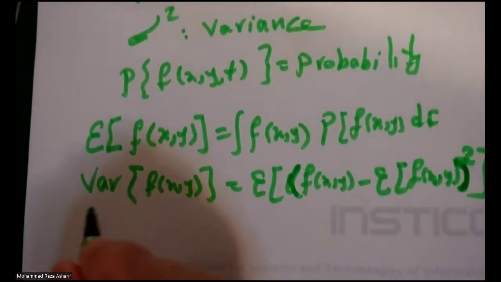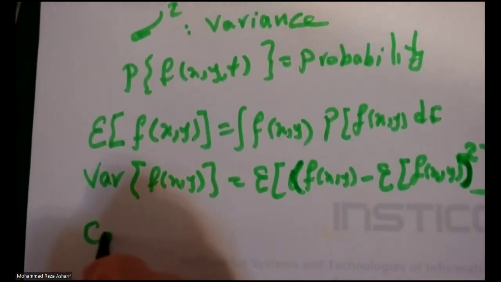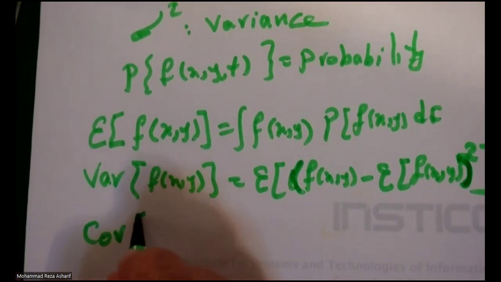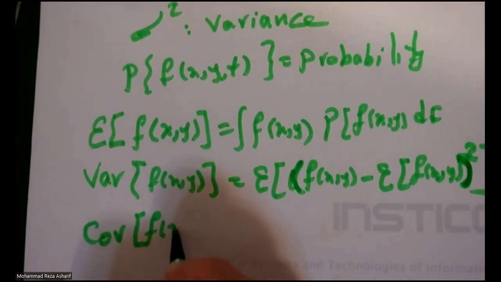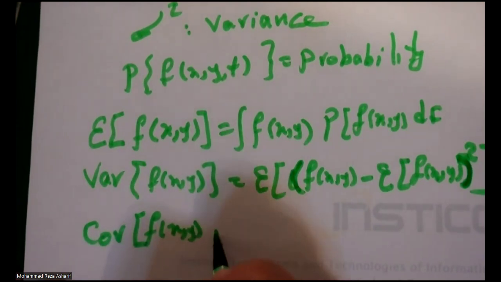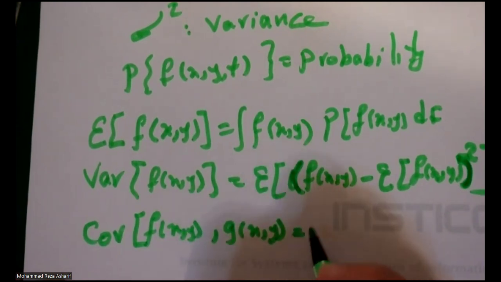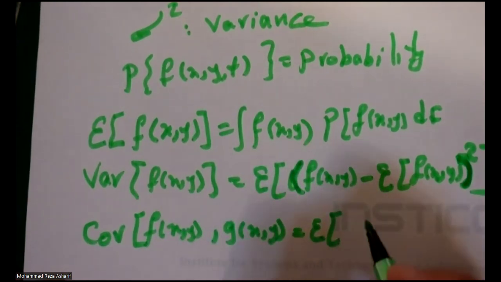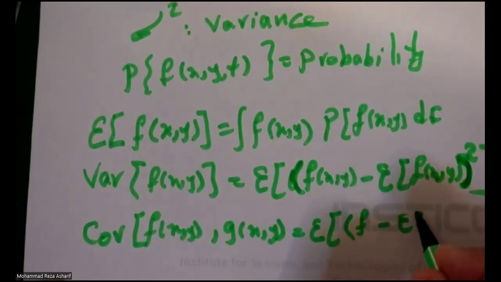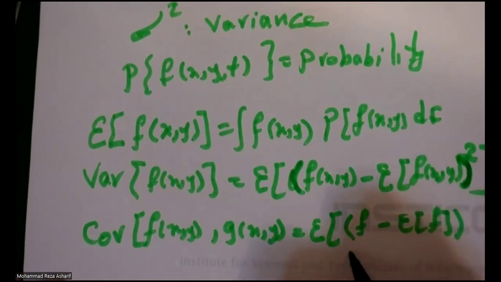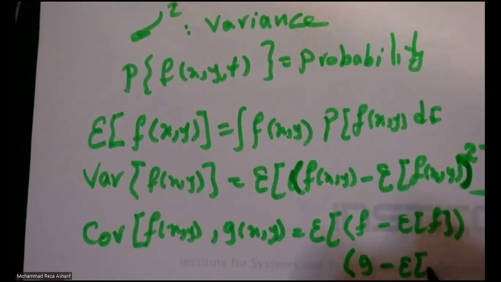And here we define covariance. I will write covariance for you. Covariance of two images f(x, y) and g(x, y) is the expected value of f minus expected value of f, multiplied by g(x, y) minus expected value of g.